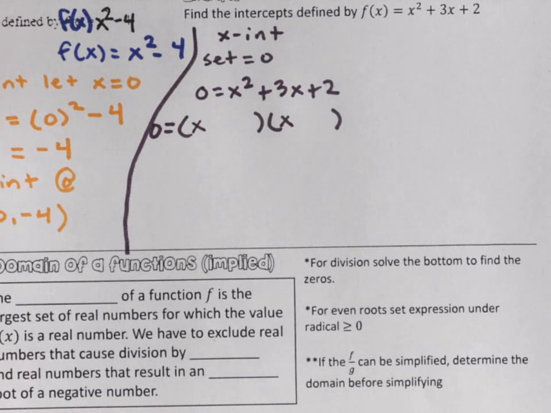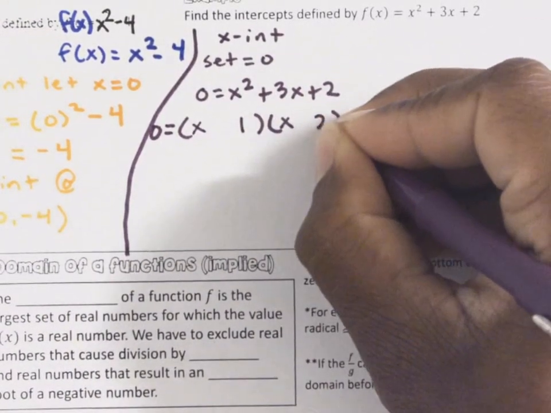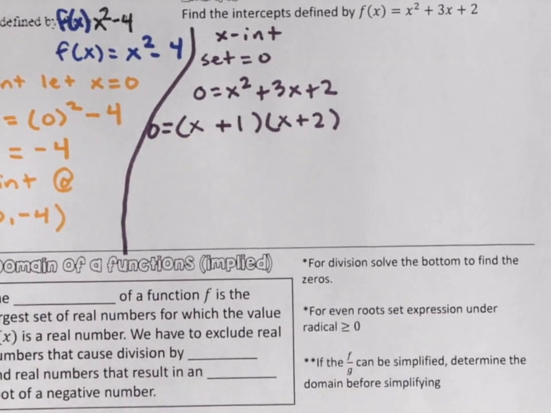Okay, we might need to go on a little adventure. Let's see, can anybody come up with how to factor this? Okay, x plus 1 times x plus 2. Yeah, good job. 1 and 2, plus and plus, and then we would set each factor equal to 0.